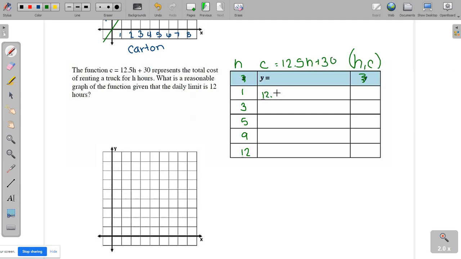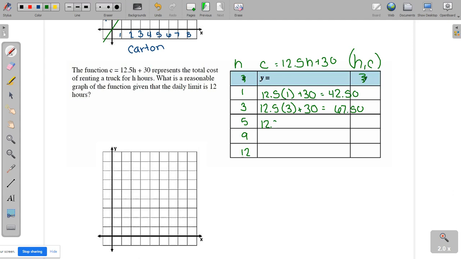So we have 12.5 times 1 plus 30. That is $42.50. Then if we substitute 3 in, we get a total of $67.50.